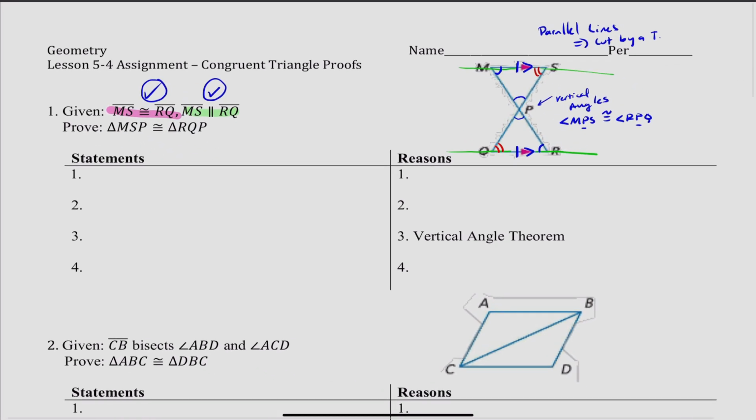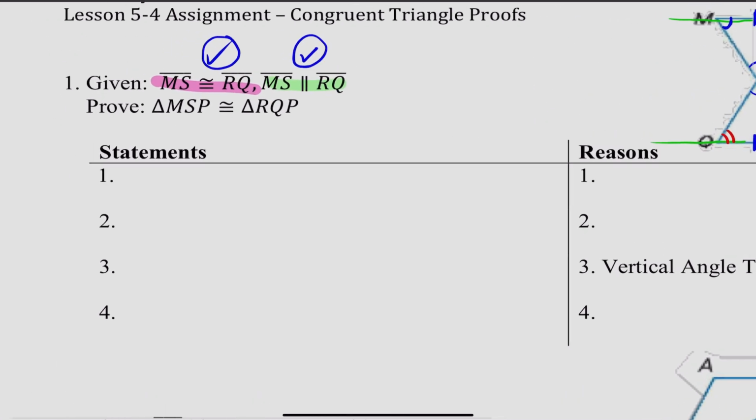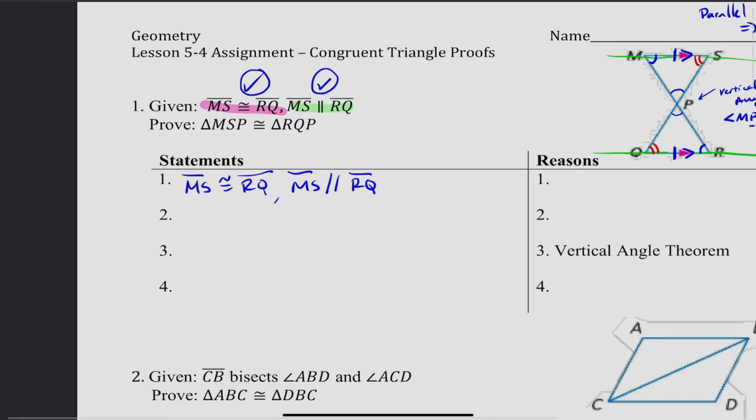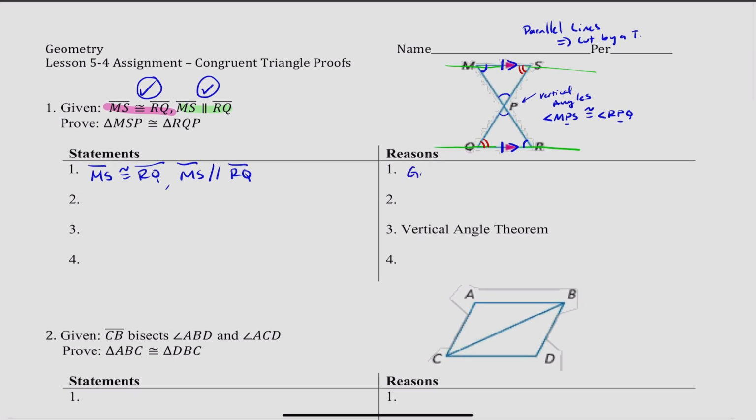Okay, so let me go ahead and start the proof, because the first thing that you have to write is your given, which is segment MS, which is congruent to segment RQ, and MS is parallel to RQ, and that's because of given. That's your reason.